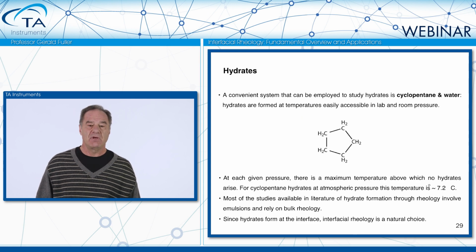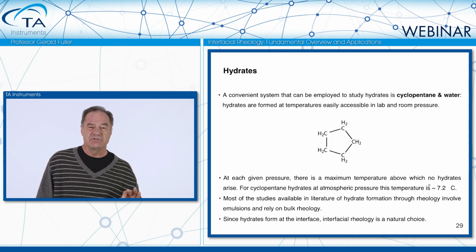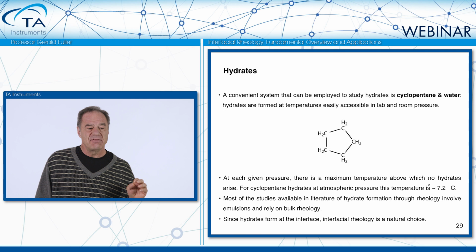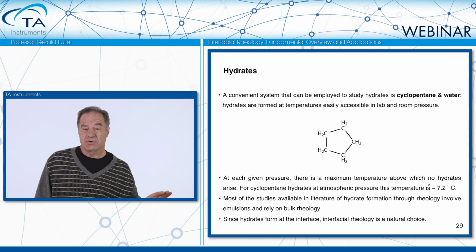Well, in this initial study, which was actually performed in Rio de Janeiro, we used the fact that cyclopentane in water will form a hydrate, but at ambient pressures. So we can use simple room pressure conditions.